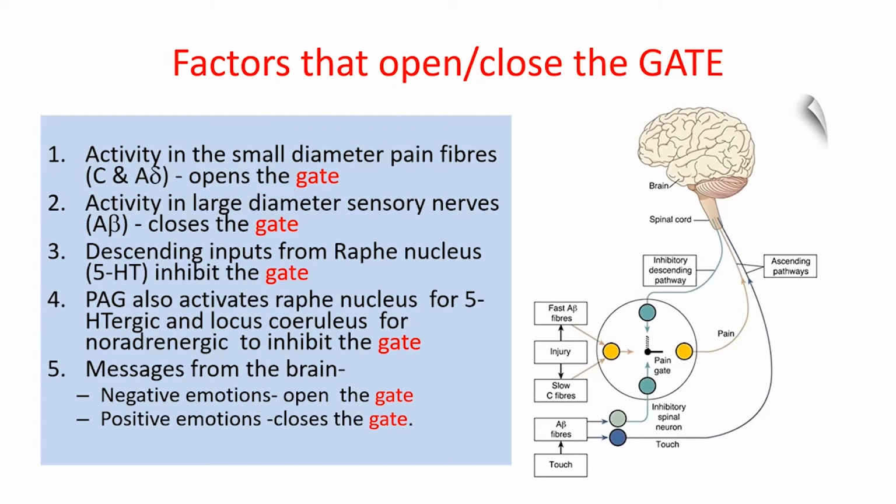So that is typical of a suppression of the pain, because there is a positive emotion. The positive emotion is to win the tournament. So that type of behavior, positive emotions, they suppress or close the pain. The negative emotions such as worrying, anxiety, and always focusing on pain, they open the gate and they continue to give the pain.